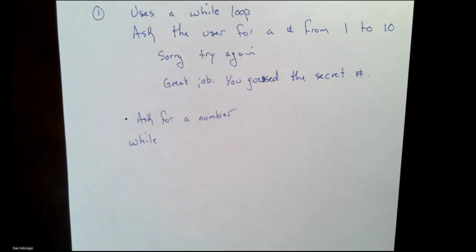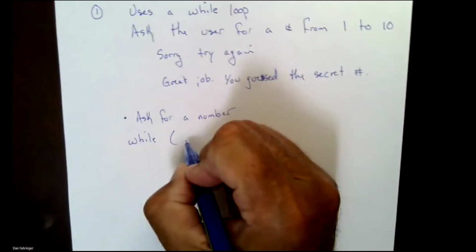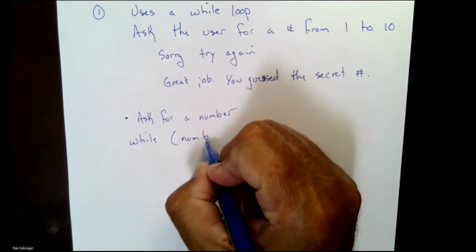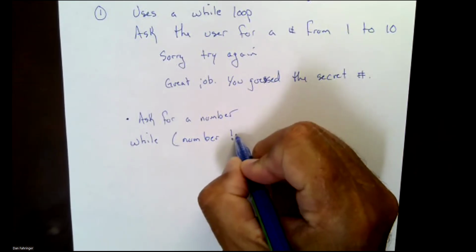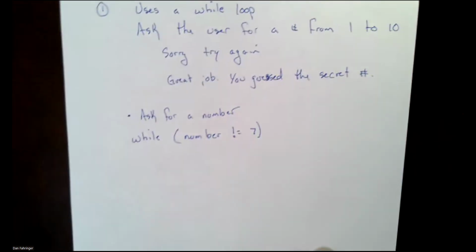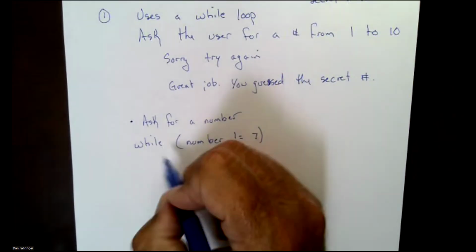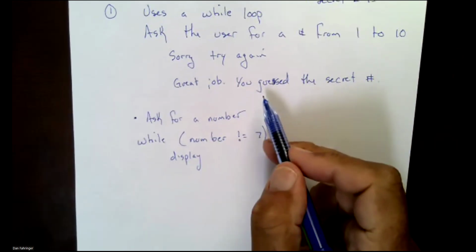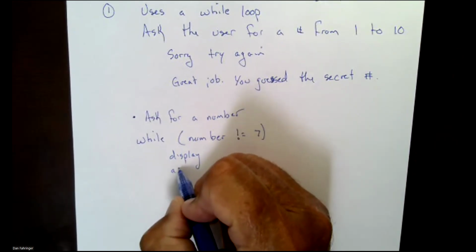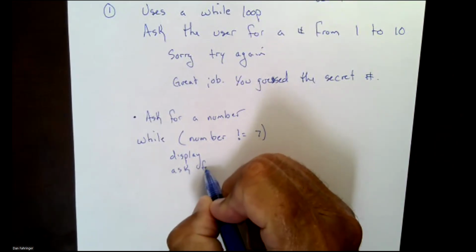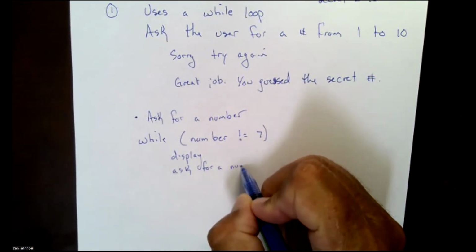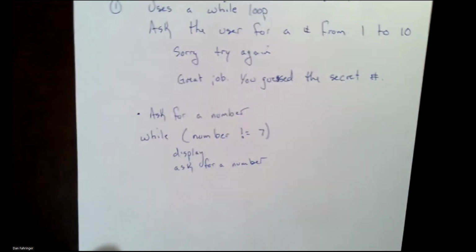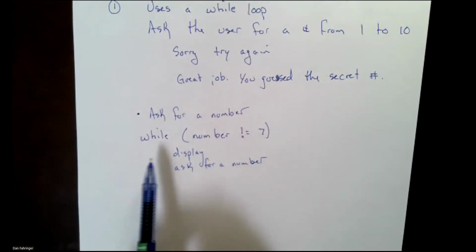While guess number does not equal 7. Yeah. So while number does not equal 7, I'm going to display sorry, try again, ask for a number. Okay. Ask for a number.